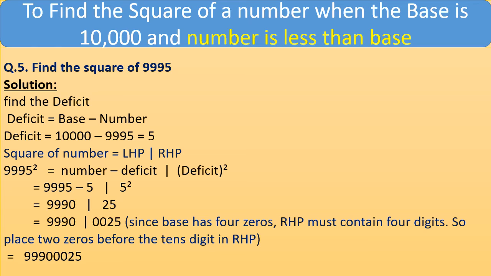Now since the base has 4 zeros, we want 4 digits in RHP. So we'll place 2 zeros before the tens digit in RHP. So our LHP will be 9990 and RHP will be 0025. Now combine the LHP and RHP to get the answer. 99900025 is our answer.